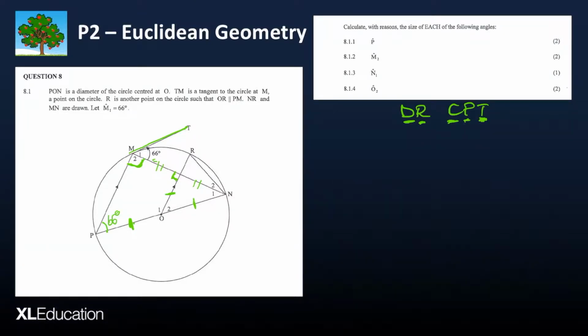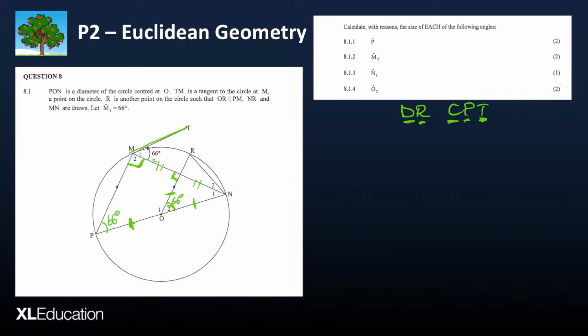Let's talk about P. P is for parallel lines. They have helped us to see that the midpoint theorem applies, but also because these two lines, MP and RO, are parallel, it means that this angle here, O2, corresponds to angle P. So this is also 66 degrees. Right.